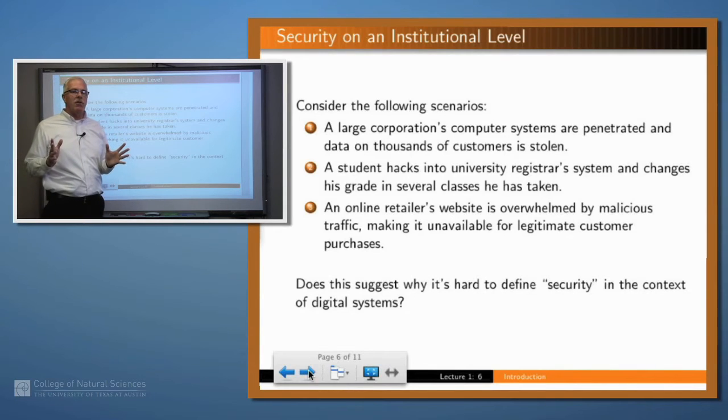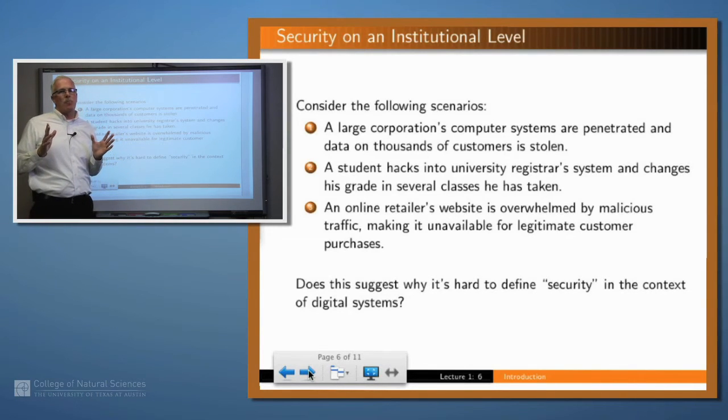But notice that they're very different. And perhaps the mechanisms which we use to protect confidentiality are going to be very different than the mechanisms we use to protect availability or integrity. Or there may be some overlap, right? So does that suggest to you, I hope it does, that the reason why security is somewhat difficult to define is that it covers a wide variety of different topics.